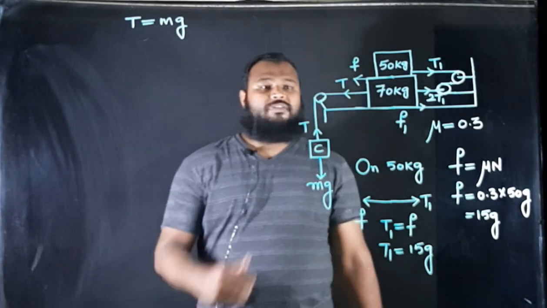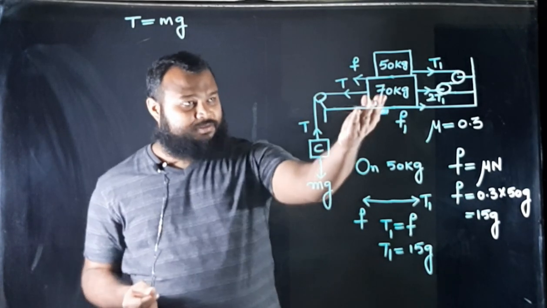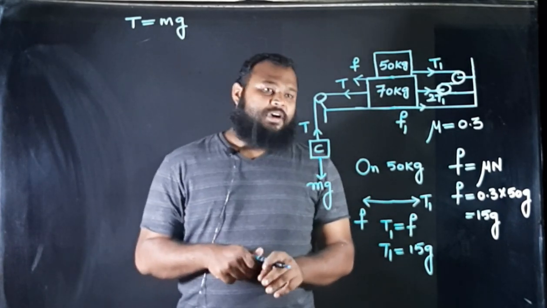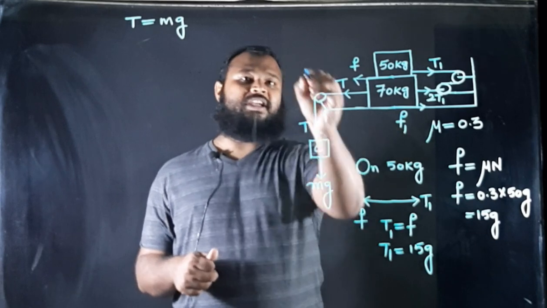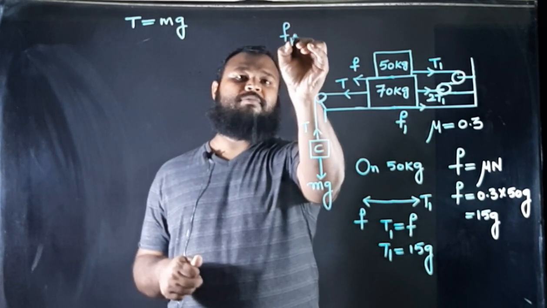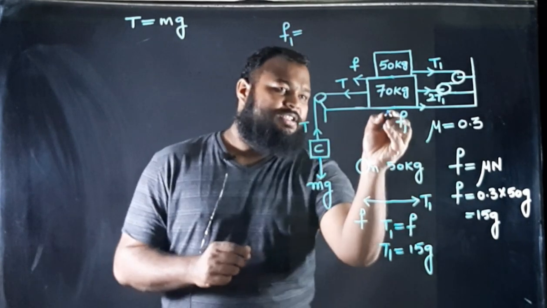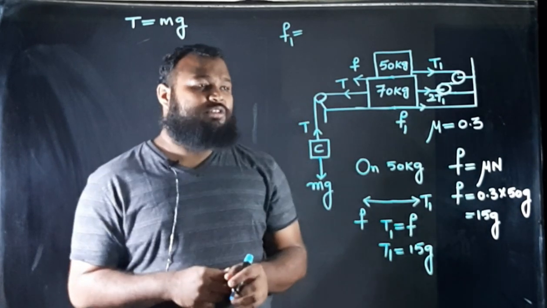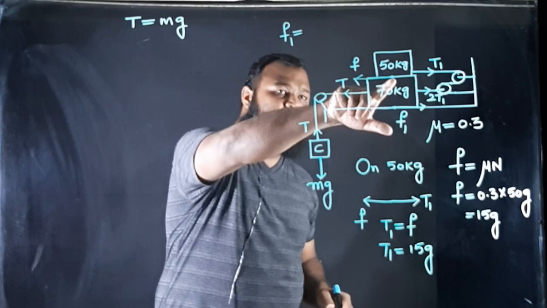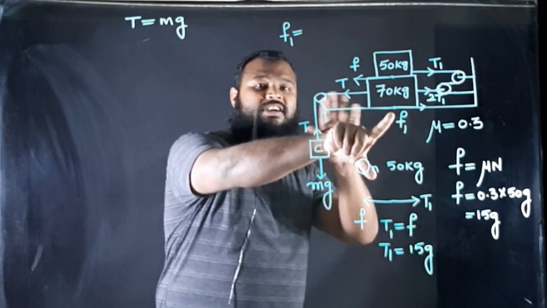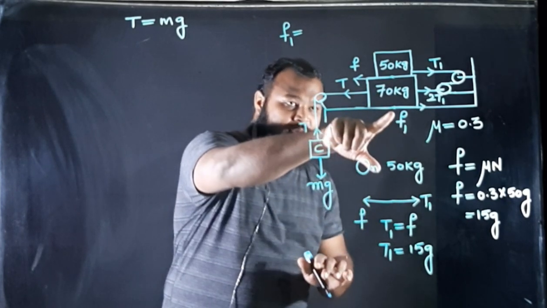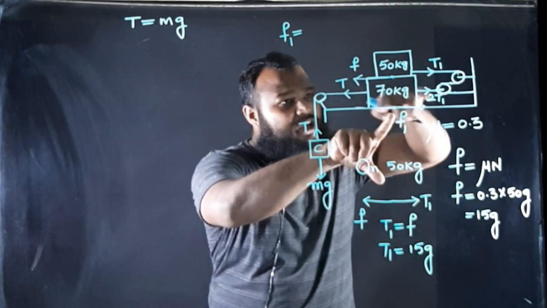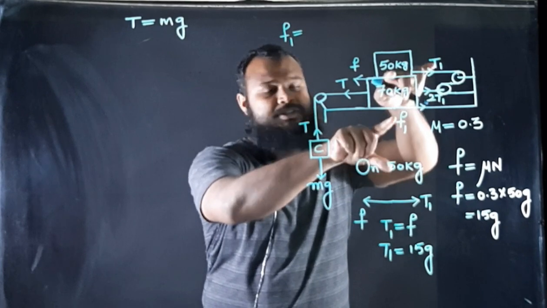Let's find out the value of T from T1. How? Equilibrium of 70 kg. But first let's find the value of F1 here. Again, F1 is nothing but mu into normal reaction. Since friction is here, you have to find the normal reaction there. The normal reaction here is 50 into g. Here it is not 70 into g. Remember, the normal reaction between ground and 70 is due to the entire mass 70 plus 50.